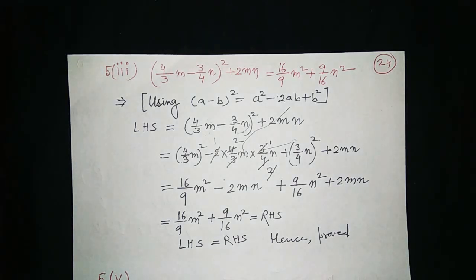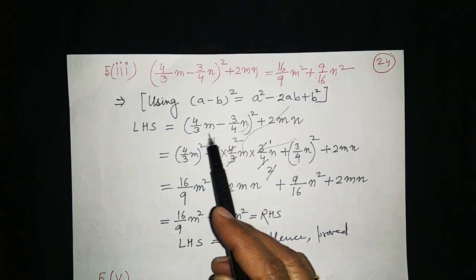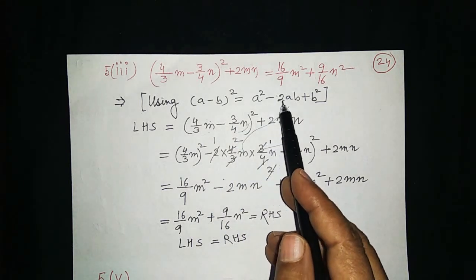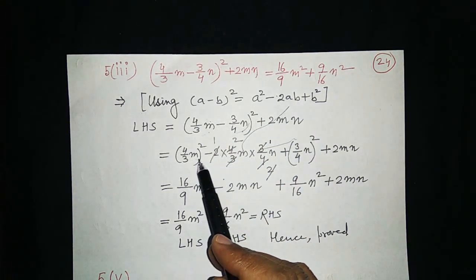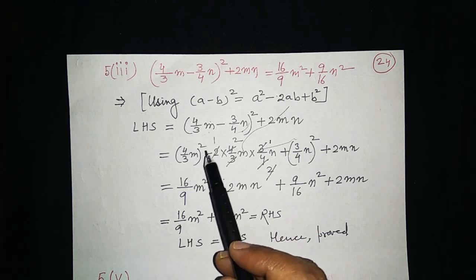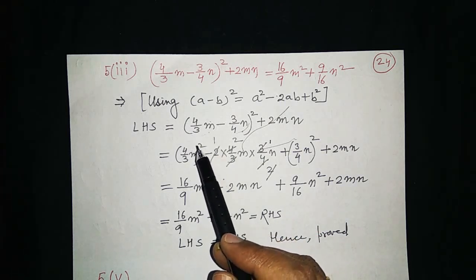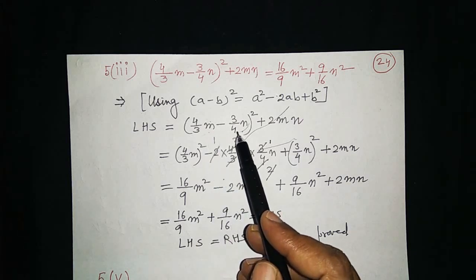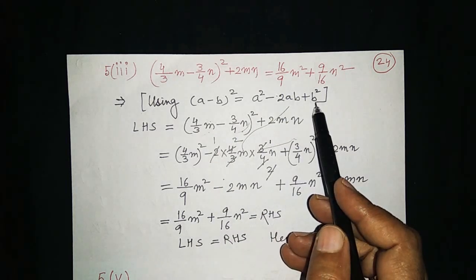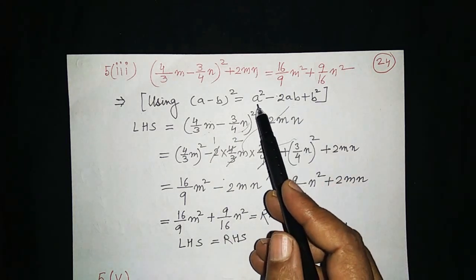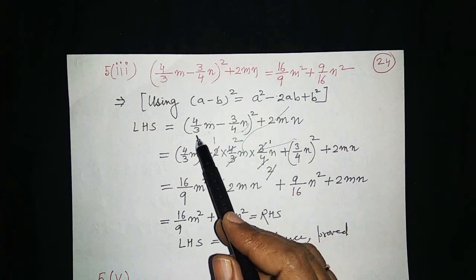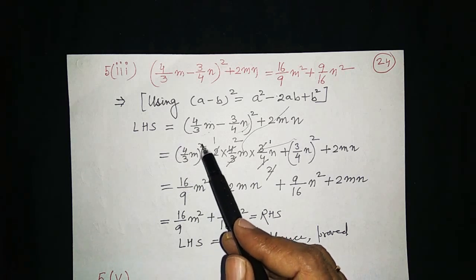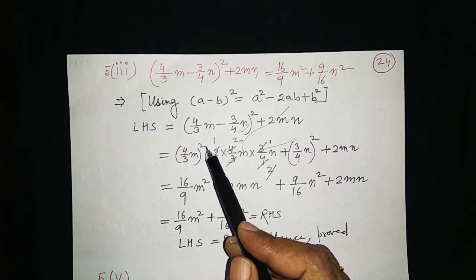So now we will write this (a − b)² in the form of a² − 2ab + b². Now we will put the values of a and b on the right hand side of the identity. In place of a we will write 4 by 3m, and then we will square it.